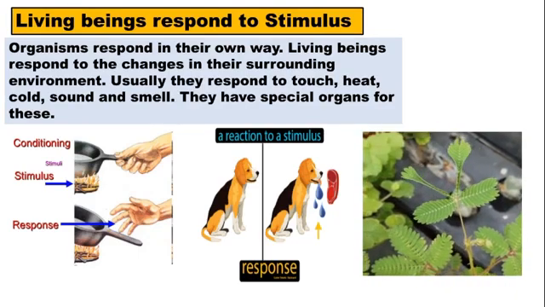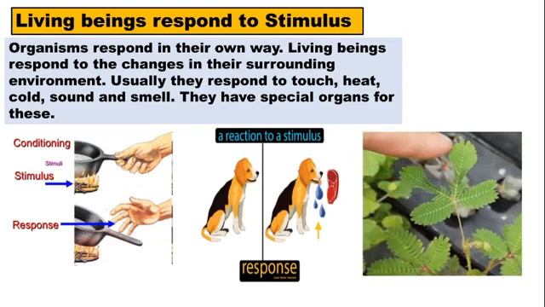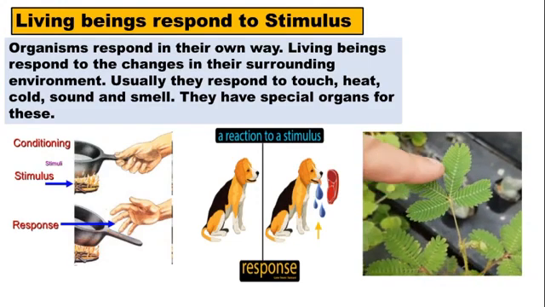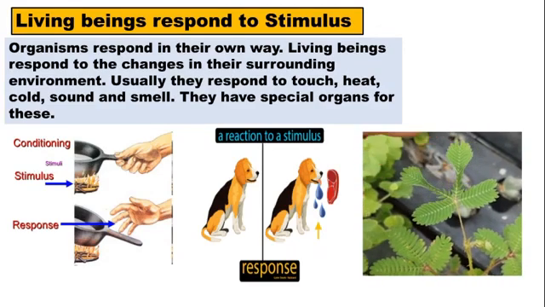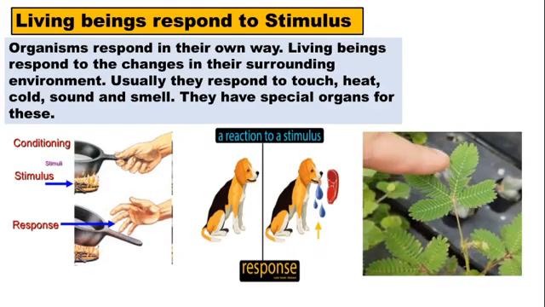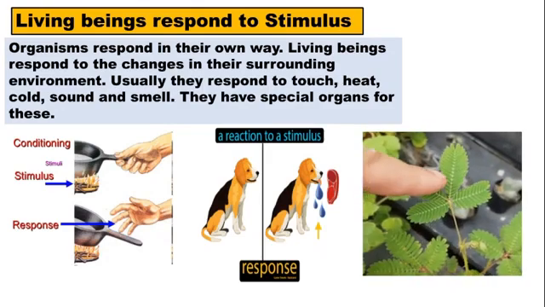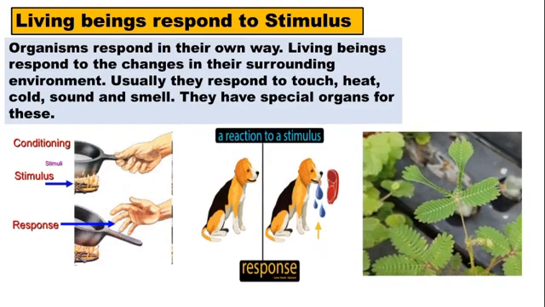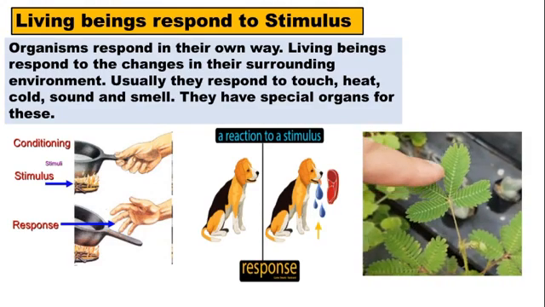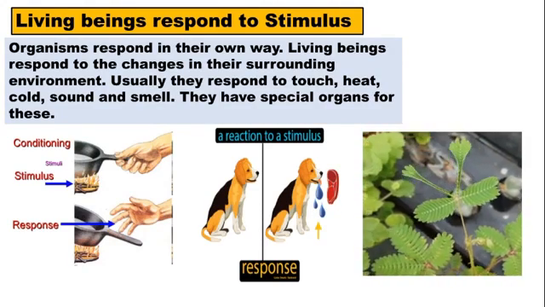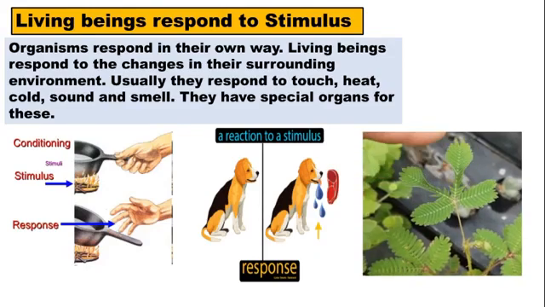They have special organs for these. So in the first picture we can observe, if we touch the hot bowl, suddenly we will take our hand, or else we will remove our hand from that hot bowl, isn't it? So it means we respond to heat, we respond to stimulus.